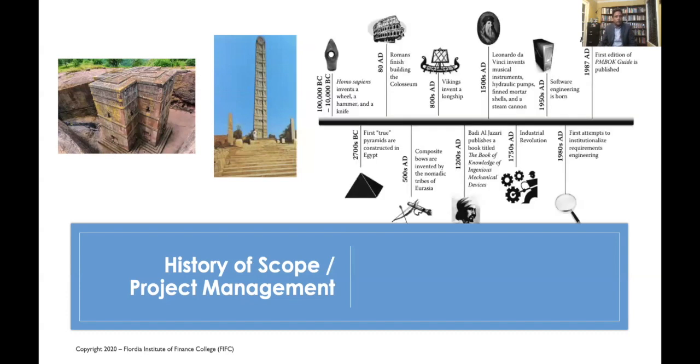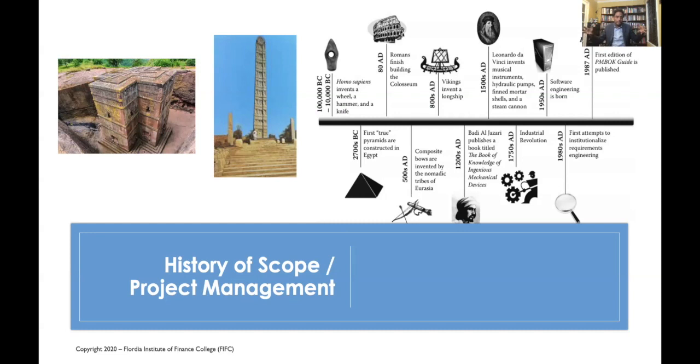One of the authors even described it as going back maybe 100,000 BC, when human beings invented their hammer and their knife. That's a project. Then around 2,700 BC, the first true pyramids of Egypt. Then in 80 AD the Romans finished building their Colosseum, which is now a symbolic structure if you go to Rome.